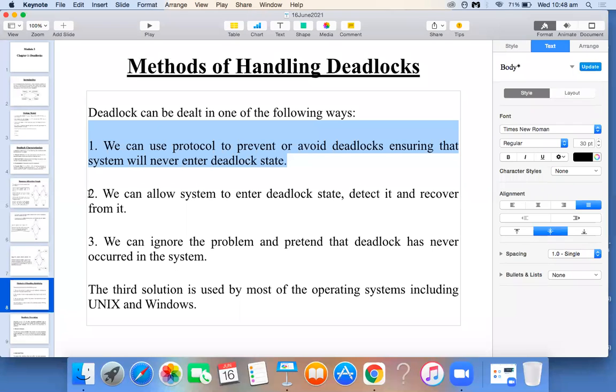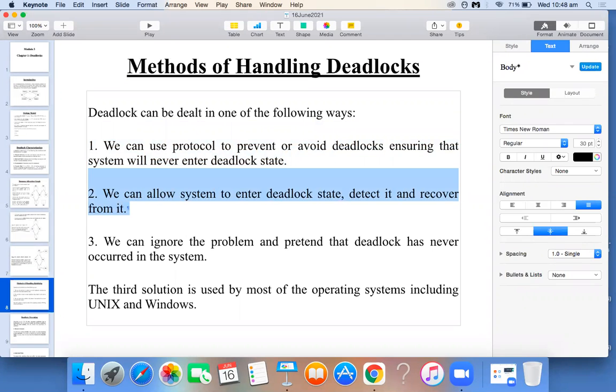That is the first one. The second way of handling the deadlock is to allow your system to enter the deadlock state. Once your system has entered the deadlock state, you try to detect that particular deadlock and recover from it.